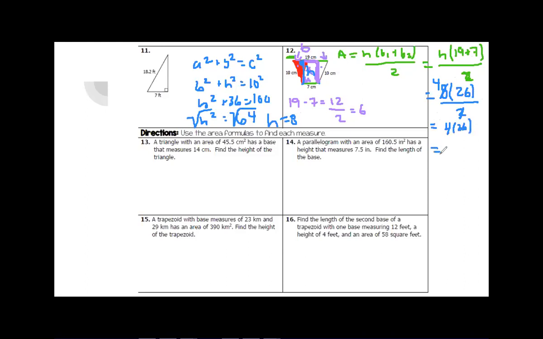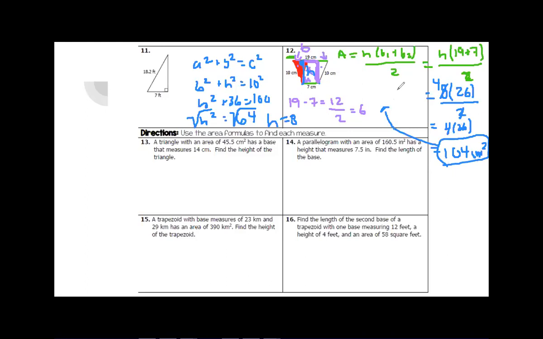Then I have 4 times 26. 6 times 4 is 24. Carry the 2. 4 times 2 is 8 plus 2. That is 104 centimeters squared. Okay, that is the solution for number 12.